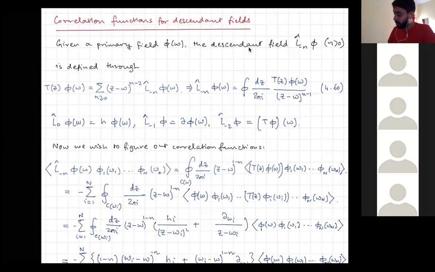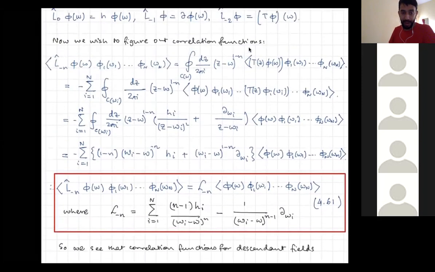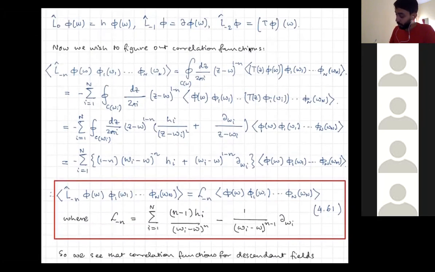So if you know what the form of the correlation functions of primary fields are, everything else for you is fixed. So we saw this, and we saw, if you had one particular secondary field, which is L_n. So this is a descendant that you have here, and there are n number of primary fields. So this is given by this particular differential operator L_n acting on the correlation function of n plus 1 primaries, where this particular operator has a form like this.